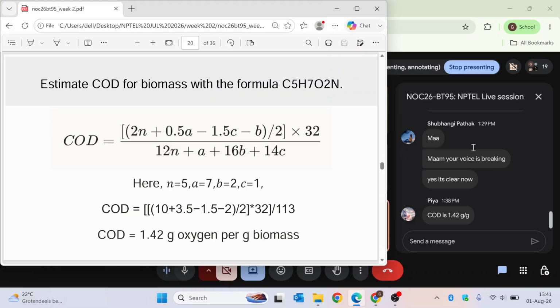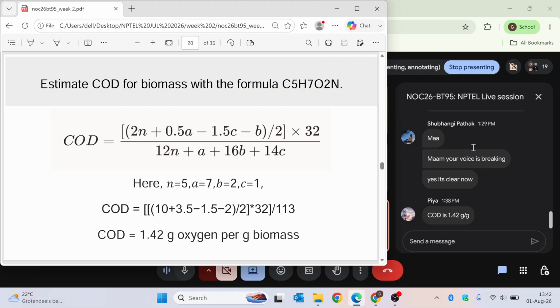So on the reactant side you will have the substance to be oxidized and oxygen, and when there is complete oxidation the products are going to be CO2, carbon dioxide, ammonia and water. So these three are going to be the products of complete oxidation.